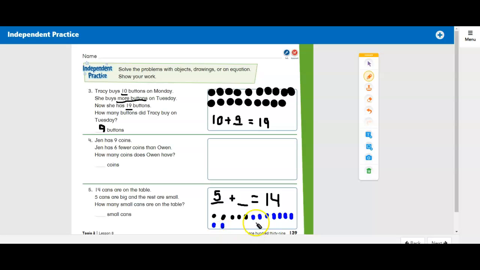So now you can count the number of blue dots we created to count on from 5 to get to 14. You will write the number in the blank for the number of small cans.